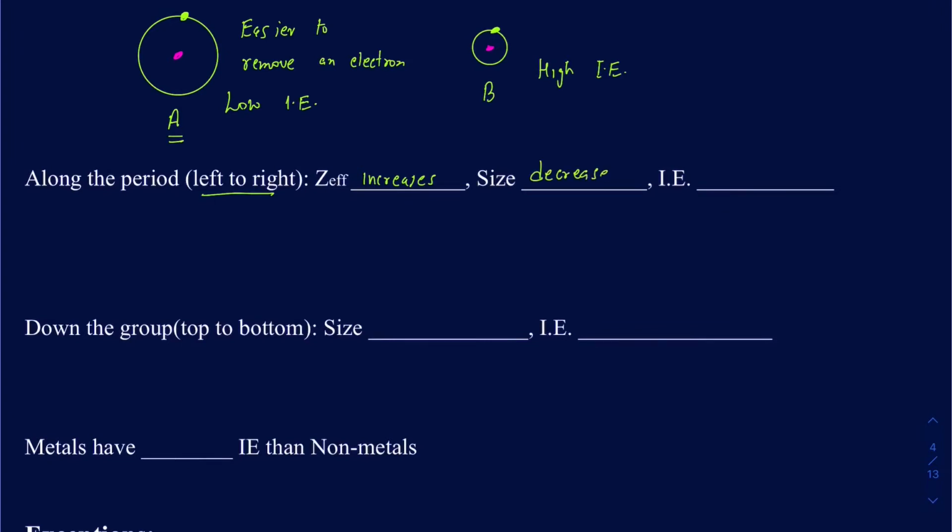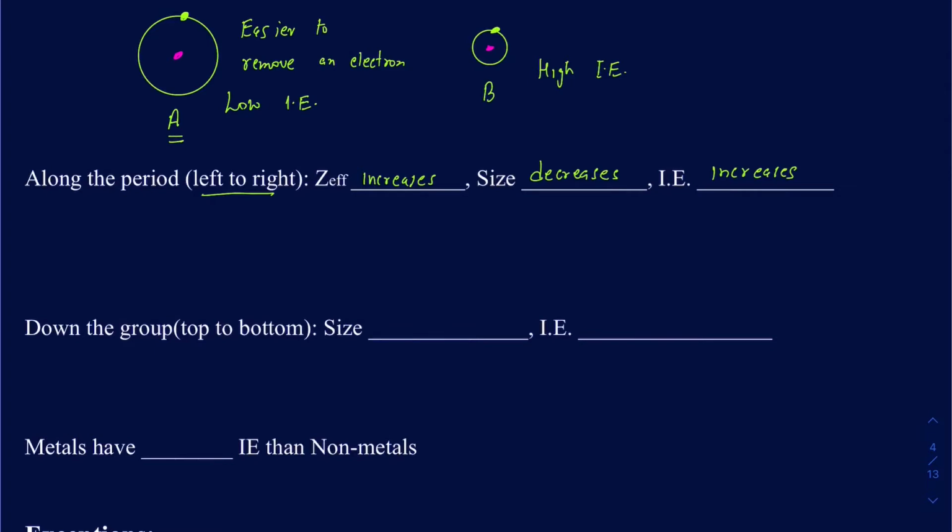So the electrons are not far away from the nucleus, and if they're not far away, it's going to be harder to remove an electron. And if it's harder to remove an electron, you will need higher ionization energy. When we're looking at the trend in the main group elements, your ionization energy is going to be increasing when you go from left to right in a period.